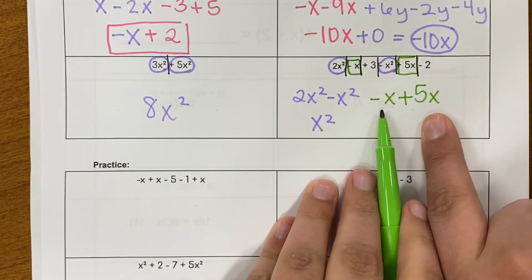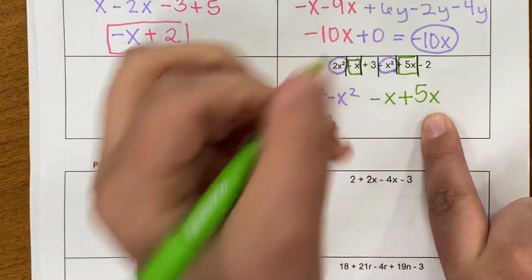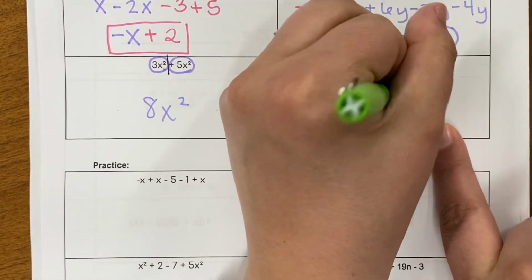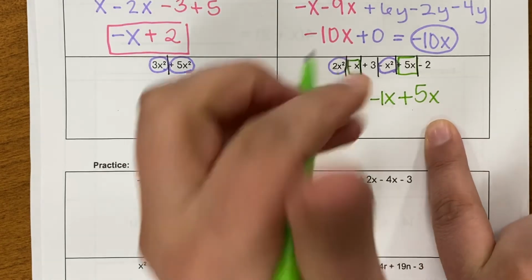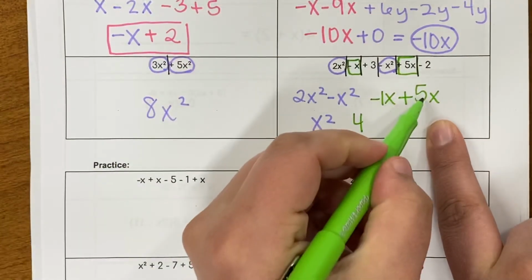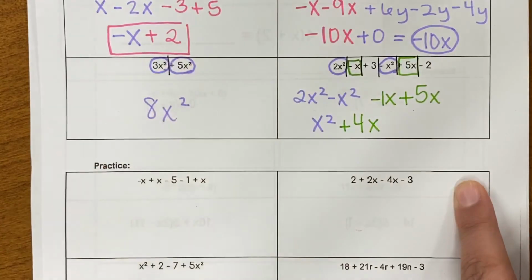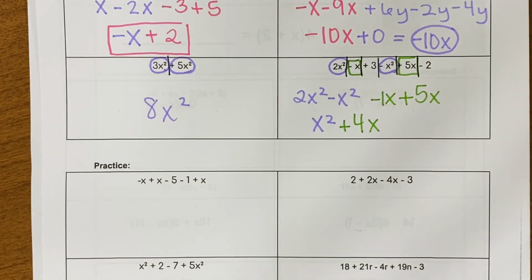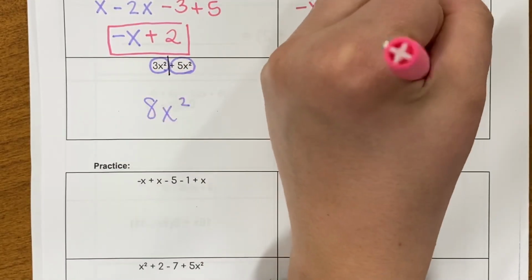I'm going to use my integer addition rules. My signs are different, so I need to subtract. There's an invisible 1 here. So 5 minus 1 is 4. 5 is the larger number, and 5 is positive, so I'm going to add 4x. And then I look and see what's left. I have my constants left.